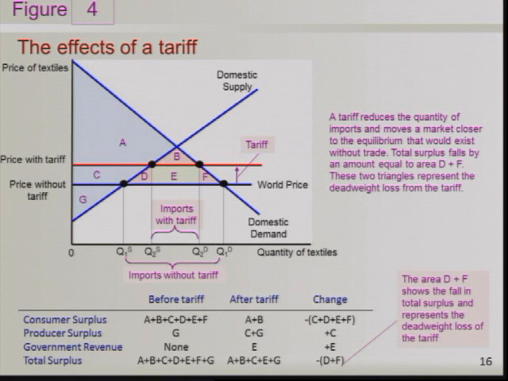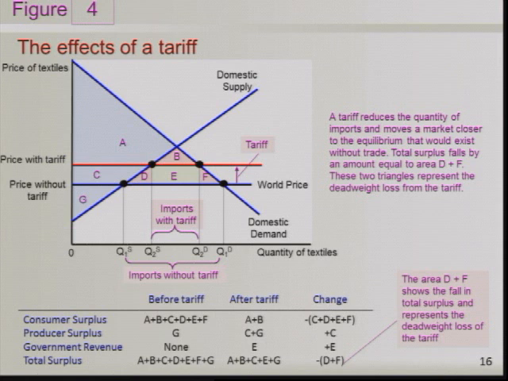So that just leaves areas D, E, and F. Well, who gets that? Let's take a look at that rectangle E. Remember, the size of the tariff is how much our price shifts upward. So that's going to be the price. The quantity is just going to be the quantity of imports, because it is a tax on imports. And that is going to be the line from Q2S to Q2D.